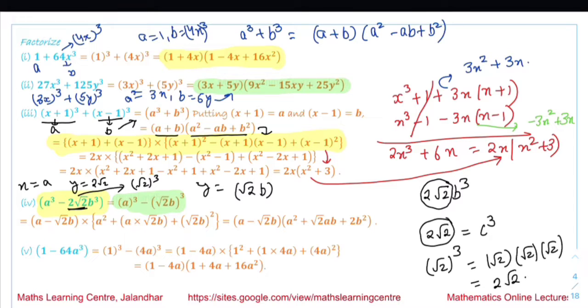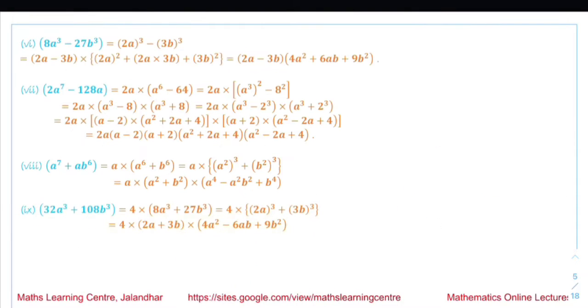Similarly, in the next question, these questions are just the direct application of the formula. We are having this value as x and this value you can write as (4a) whole cube, so 4a will be y. The formula we are applying is x cube minus y cube, which is (x minus y) into (x square plus xy plus y square). When you substitute the value of x as 1 and y as 4a, you will get this answer.